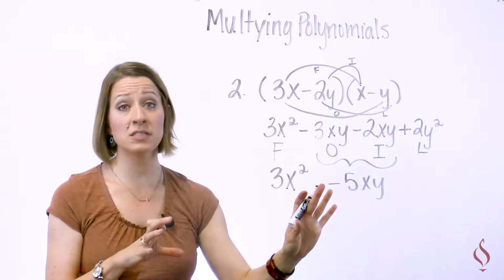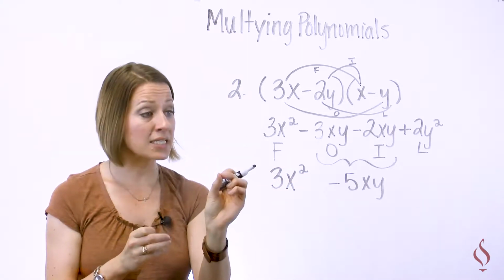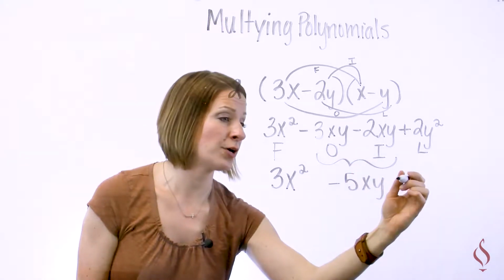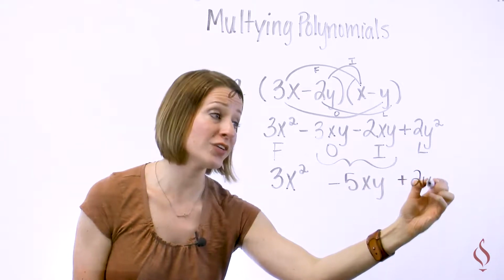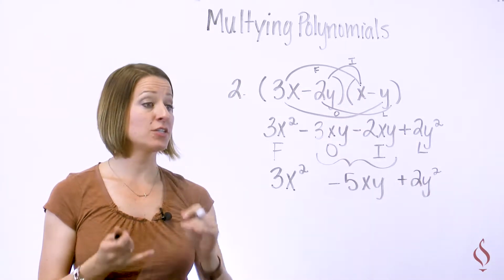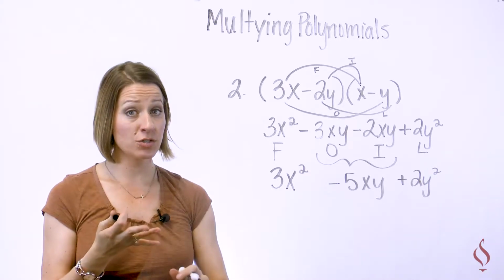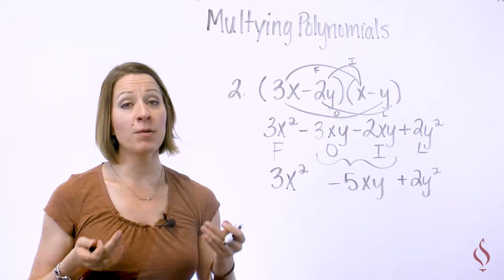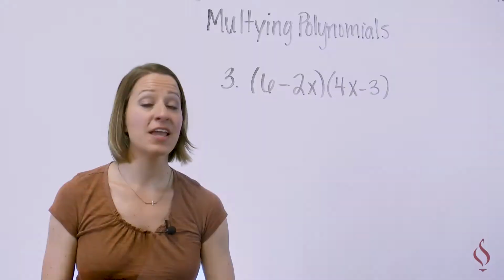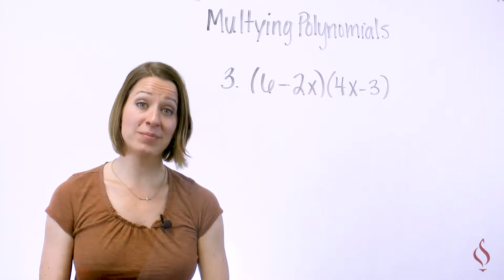So the y is still there, but because an x is there as well, it goes before this y squared. So hopefully that makes sense. So this actually would be your final answer in descending order, and the terms are collected: 3x squared minus 5xy plus 2y squared. Okay, let's take a look at one more problem together.